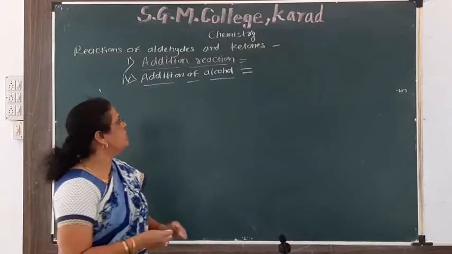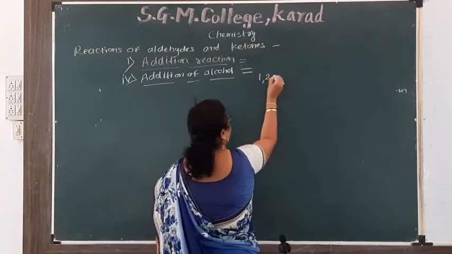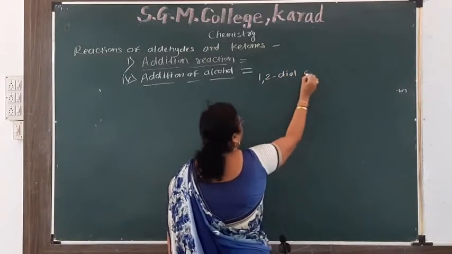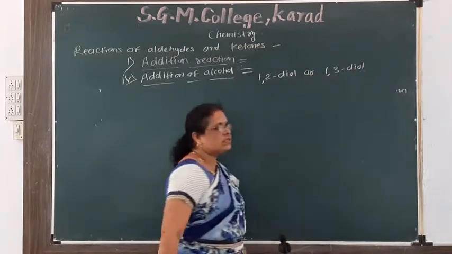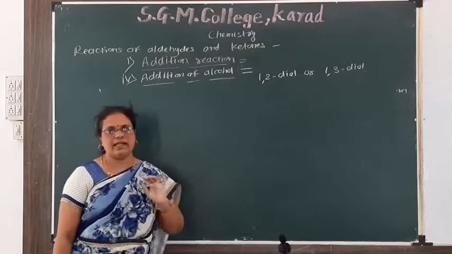is treated with 1,2-diol or 1,3-diol, then this gives cyclic acetal or cyclic ketal.